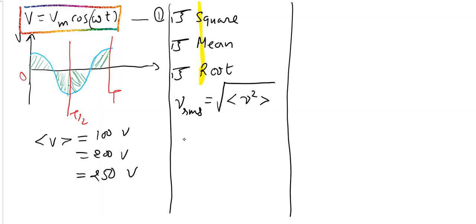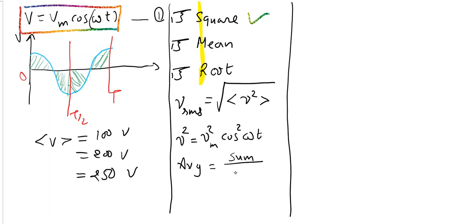So first we will start with taking square. So V square of equation 1 is Vm square cos square omega t. Now first stage is over. We have taken square. Then next is take mean, average. How do we take mean of something? So whenever you have continuous value, to find average, normally what we do is we take summation of all the values and we divide with total number.